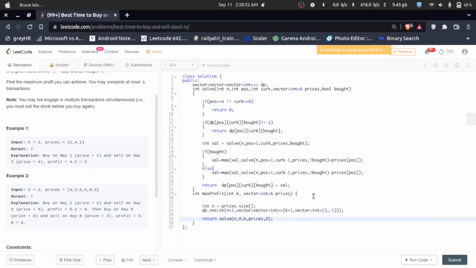Why is it happening? The position plus 1, current k minus 1, when that is entered into the current k case, in that condition the price and current k position value will be the same, okay, that is okay, and I will be doing that same, and the prices and the bot condition will be reversed there.